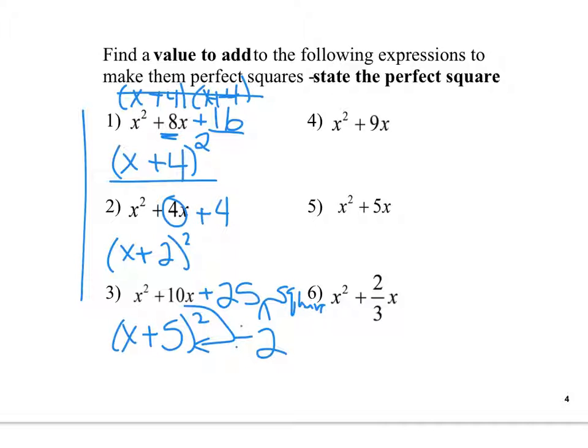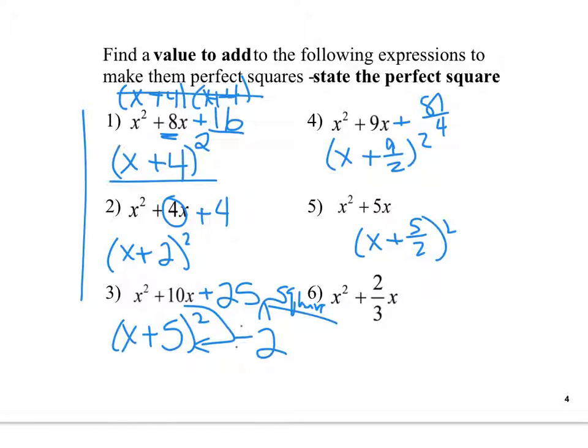Oh yeah, that's a square. This is a little bit more complex, but you get the idea. So it's x plus, we divide it by 2. That's it. And then we square this, so it would be 81 over 4. Divide this by 2. And when we square it, 25 over 4.